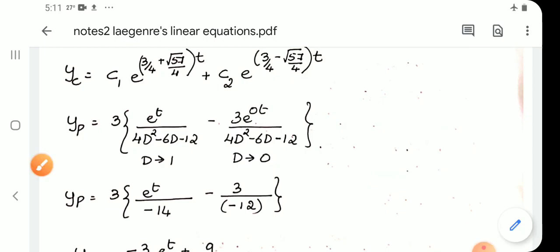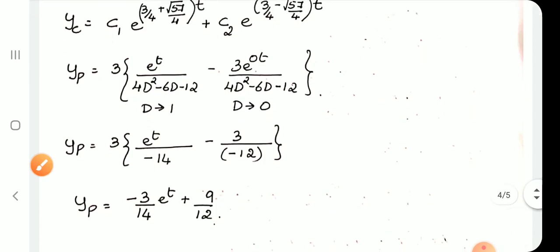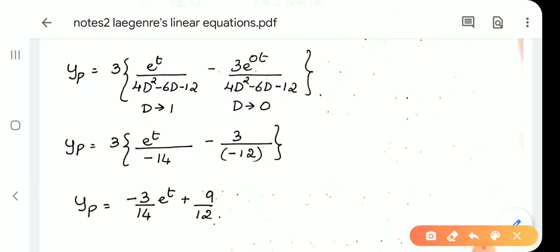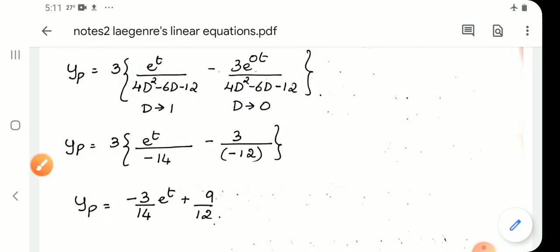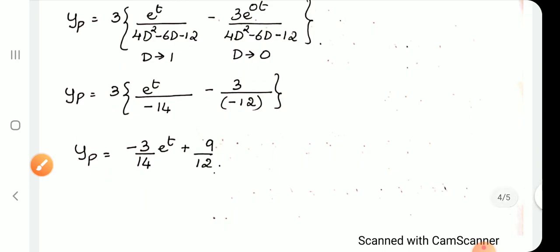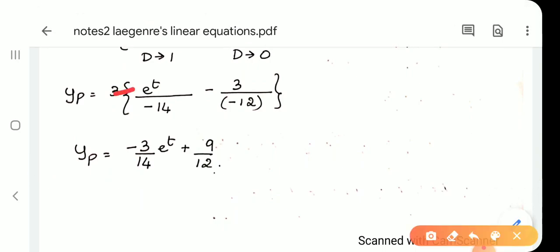When D is replaced by 1 in the first term, it becomes e power t by minus 14, and the second term becomes minus of 3 by minus 12. On simplification and taking the 3 inside the bracket, we get 3 into e power t by minus 14.